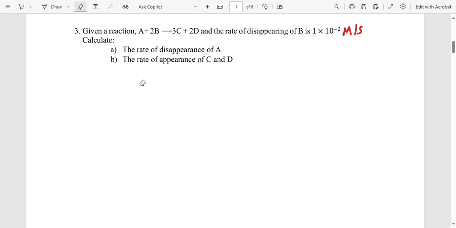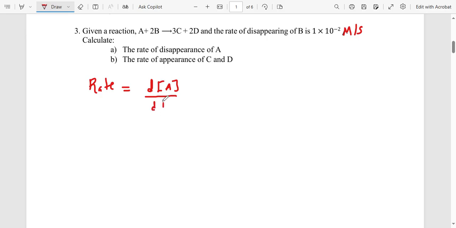When you are finding the rate of a reaction, the rate is given by the change in the concentration of the reactant. So you're going to say change in the concentration of A divided by the change in time. Rate is always change in amount over time.